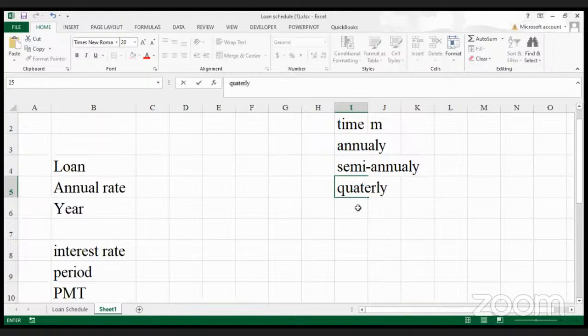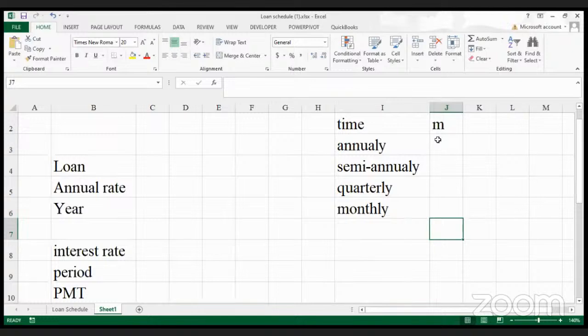It can be done quarterly or monthly. Then we now have monthly basis. You can go that way until you reach weekly or even daily.